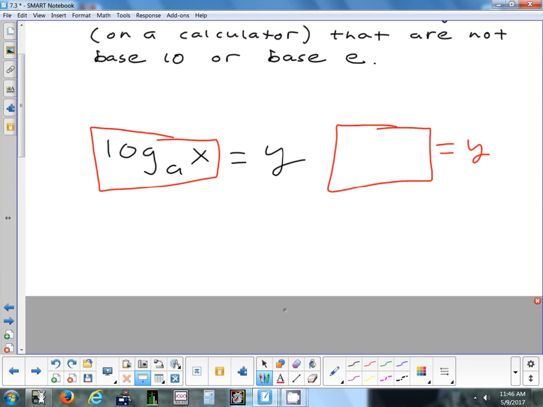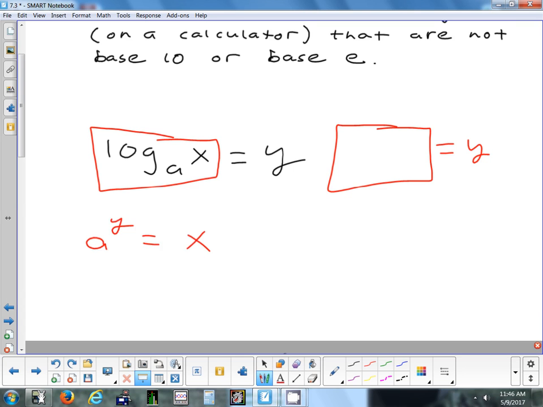Let's start by rewriting this entire equation as an exponential. Michael, what's my base? 8. Kristen, my exponent? y. And Jocelyn, what would go on the other side? x. Now, here's something that we haven't done before, but I think you've probably heard of this. Whenever you work with equations, if you do something to one side, what else do you have to do?